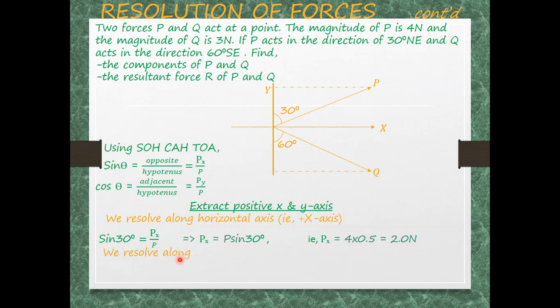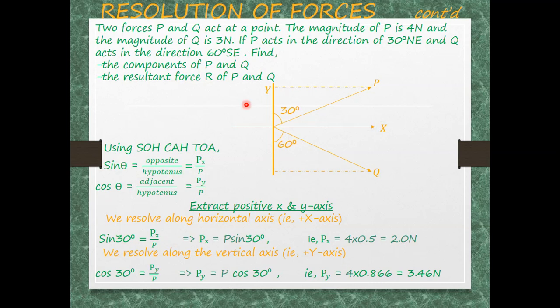So we resolve also along the vertical axis, and that is the what? The y axis. For us to do that, you can recall this is P along the y axis.